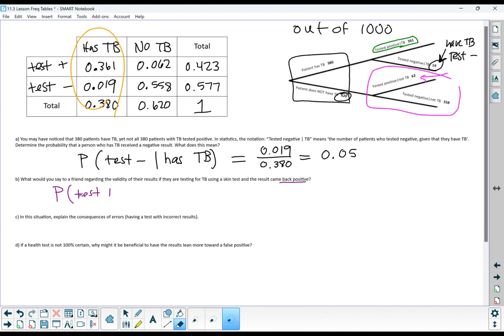It is known that they test positive. That's our given condition, and we want to know, what is the probability that they have TB, knowing that they got that positive test result back.